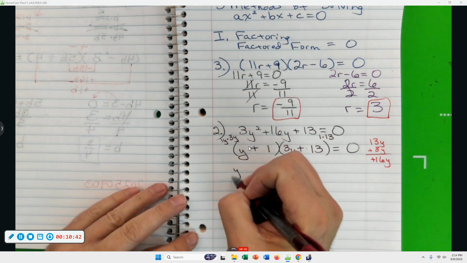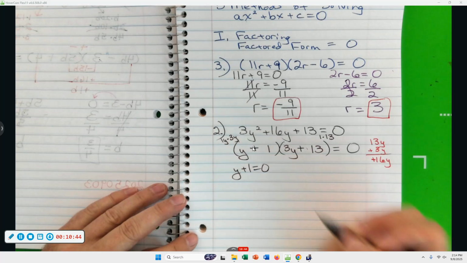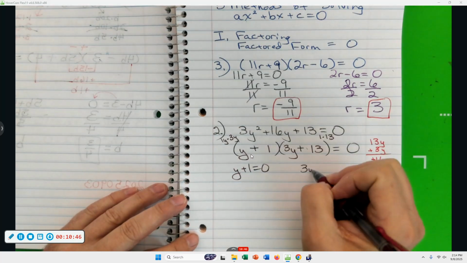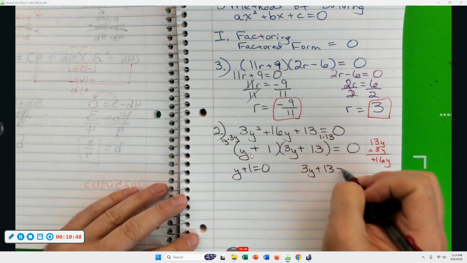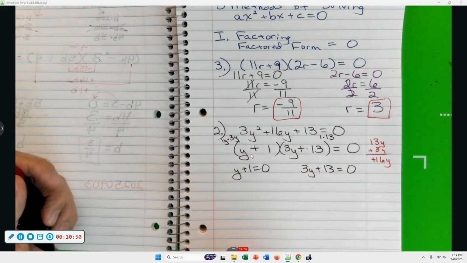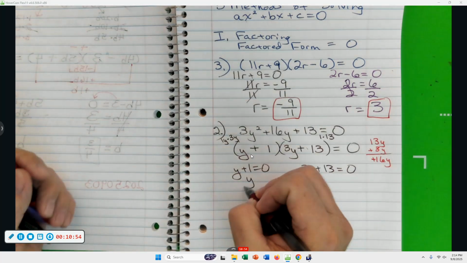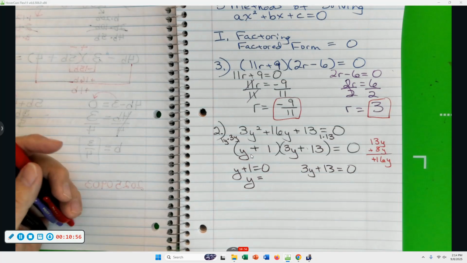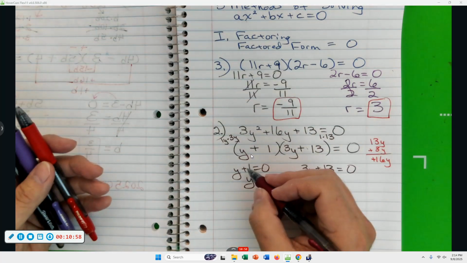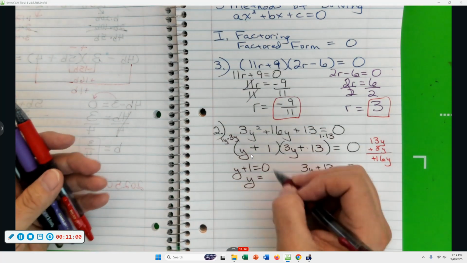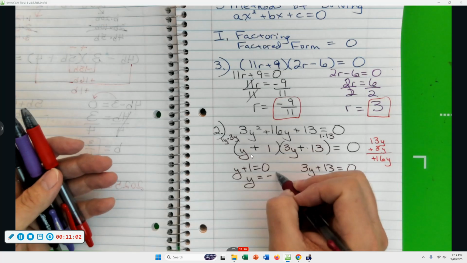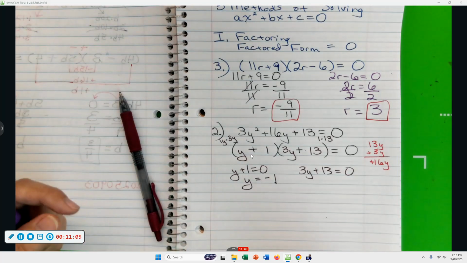Set y plus 1 equal to 0. Set 3y plus 13 equal to 0. Setting y plus 1 equal to 0, that says y is equal to what? Negative. Remember, you pick it up, you move it over, or you do minus 1, either way, you get a negative 1.